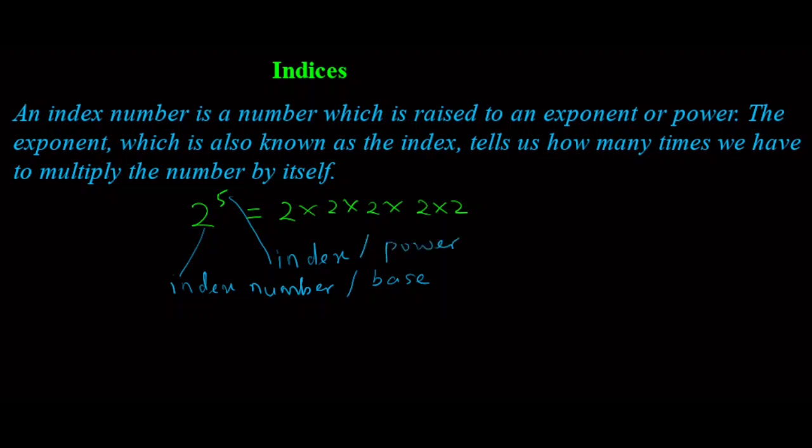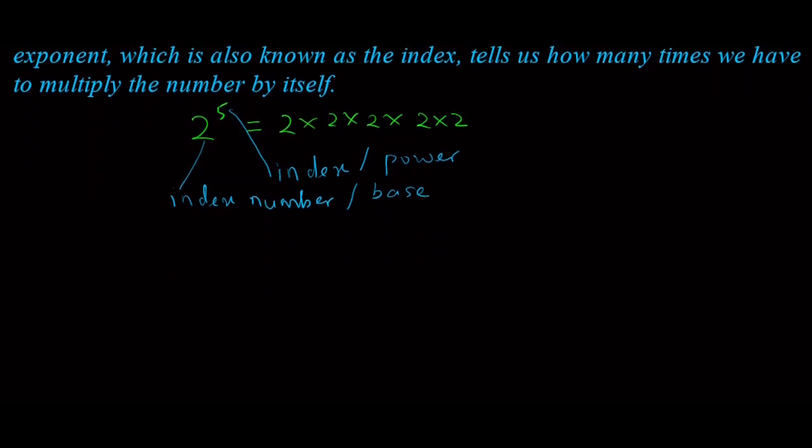Now, we must be familiar with how we write indices of different numbers. For example, let's take 8. Indices of 8 is written as 2 times 2 times 2, and that gives us 2 raised to power 3.